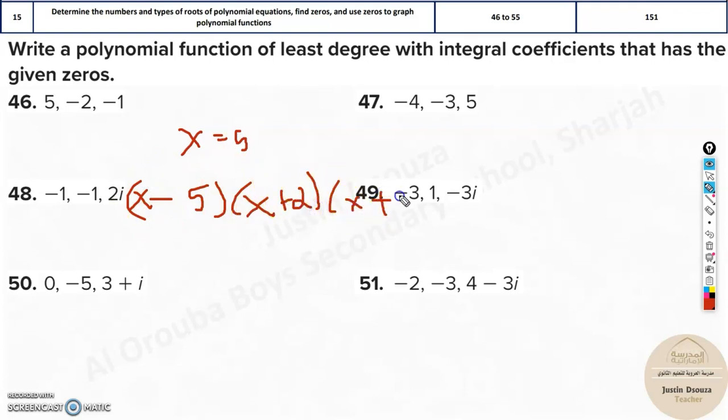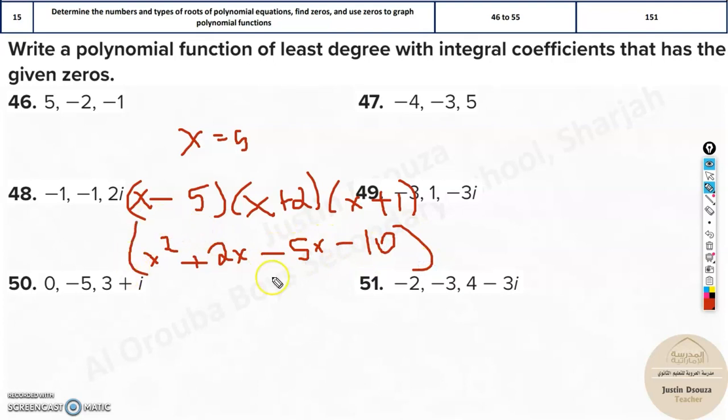And x plus 1. And we have done binomial multiplication, multiply this. So what is it going to be? It'll be x squared plus 2x, minus 5x minus 10, and this needs to be simplified and multiplied with the next term.